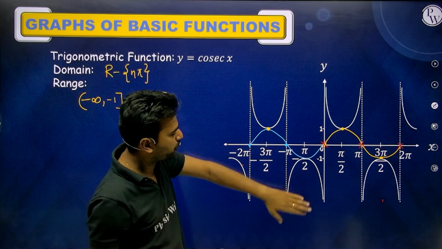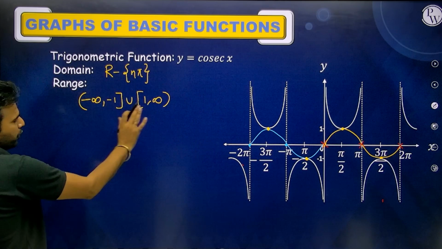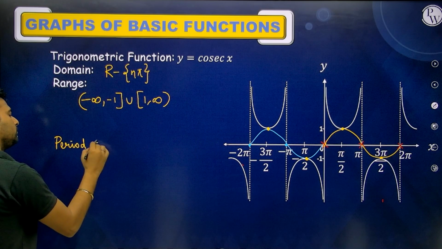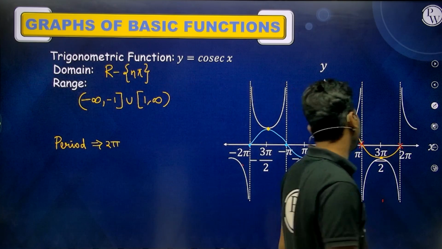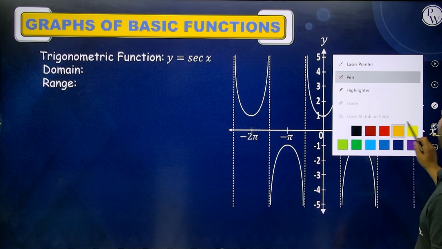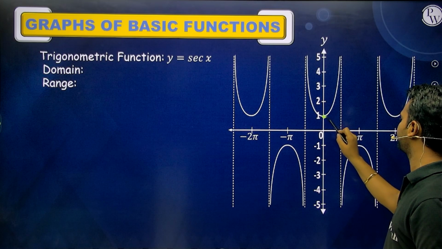If you invert this portion, it will start from -1 and go till -infinity. Over here also the period is 2 pi only. This white graph is of y equal to cosec x. I hope now you are comfortable with this graph. If we talk about y equal to sec x, we take the graph of y equal to cos x, let's say.